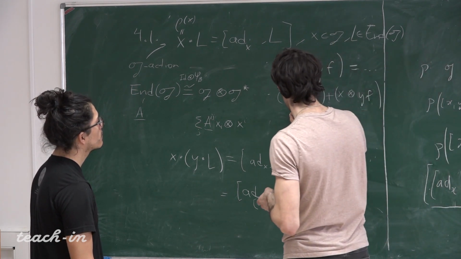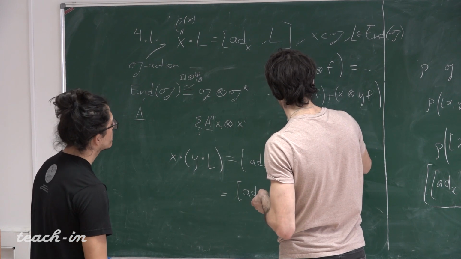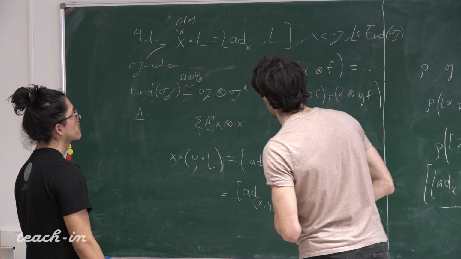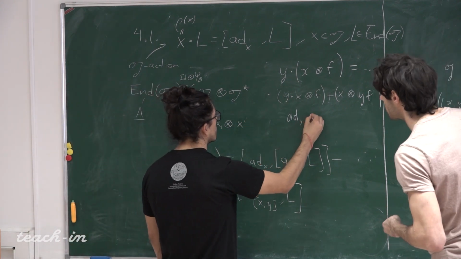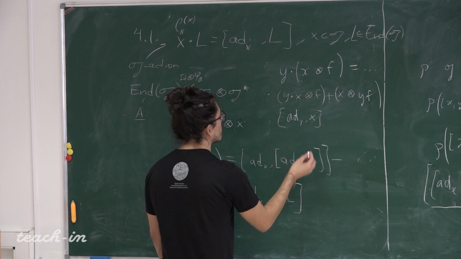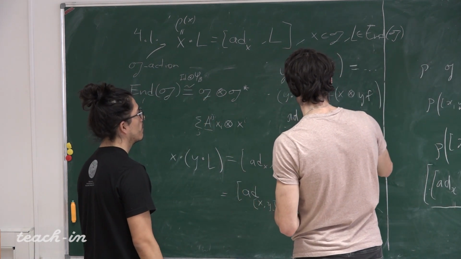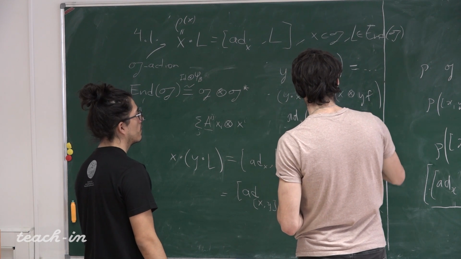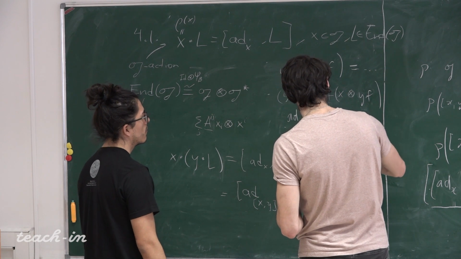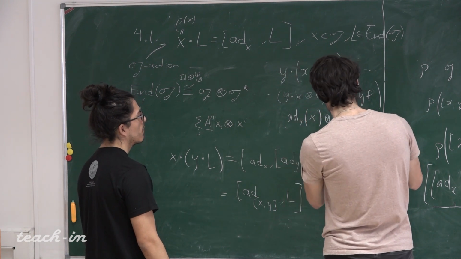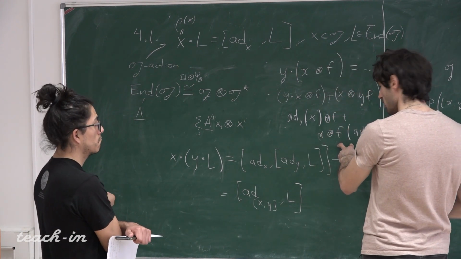So it is ad Y to F, just like this, tensor F. Plus, and this is coadjoint, so this is X tensor F, and then you apply ad X, but minus ad X to it.